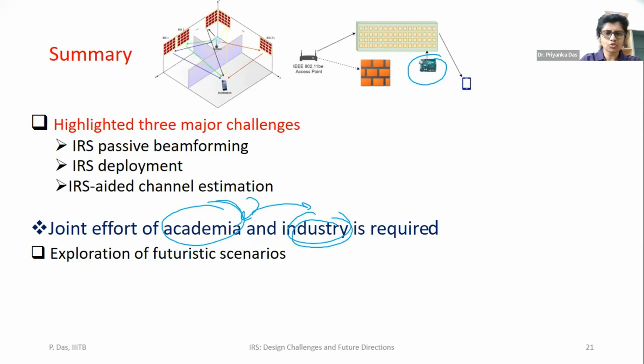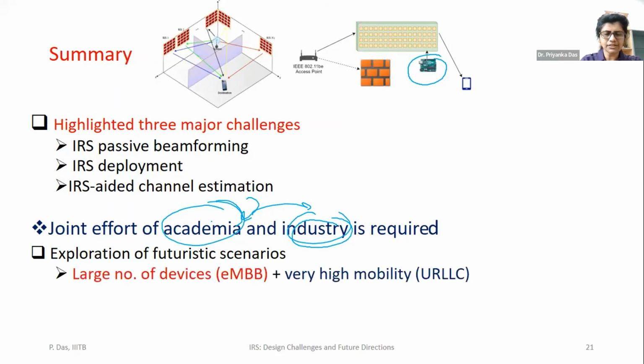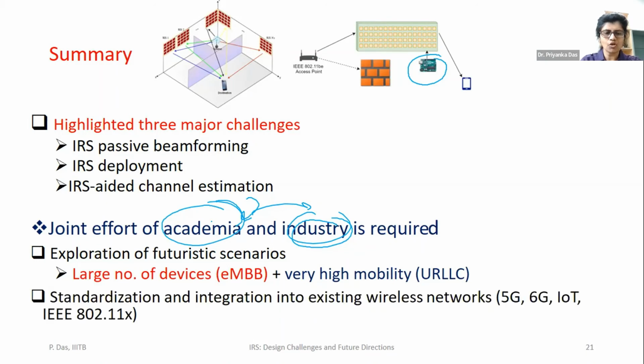Even in academia, some of my friends at IIT have already started collaborative work to implement IRS in their lab. It has exploration of futuristic scenarios with a large number of devices. How do you tackle the eMBB scenario, the URLLC scenario, and even the standardization of IRS into different existing technologies?